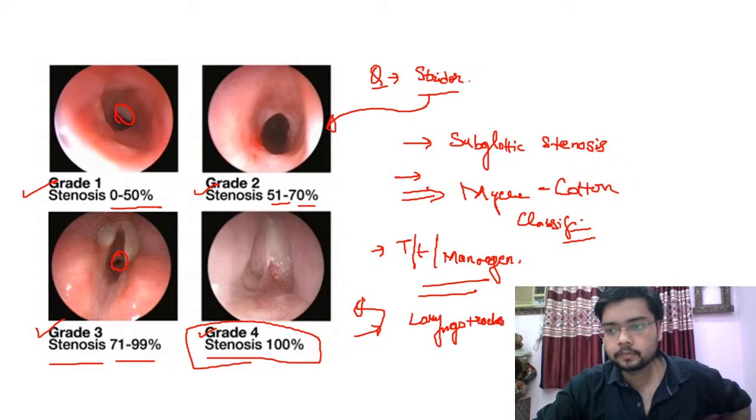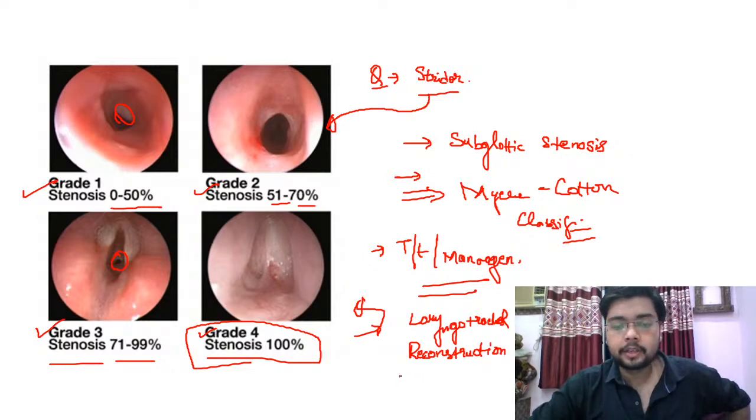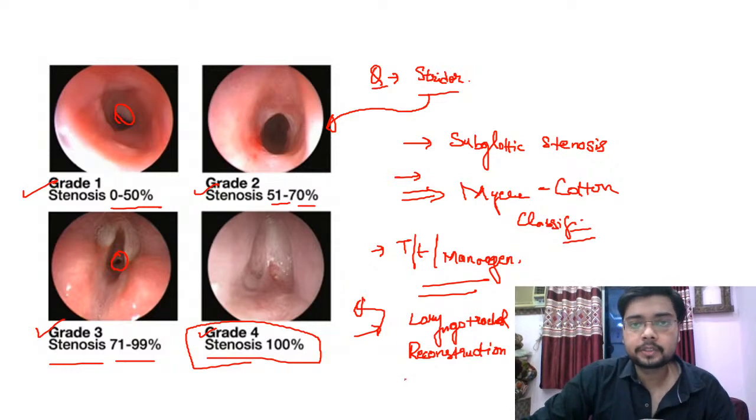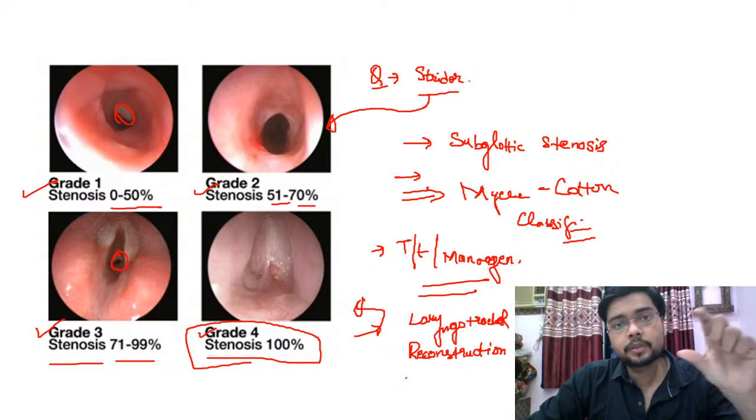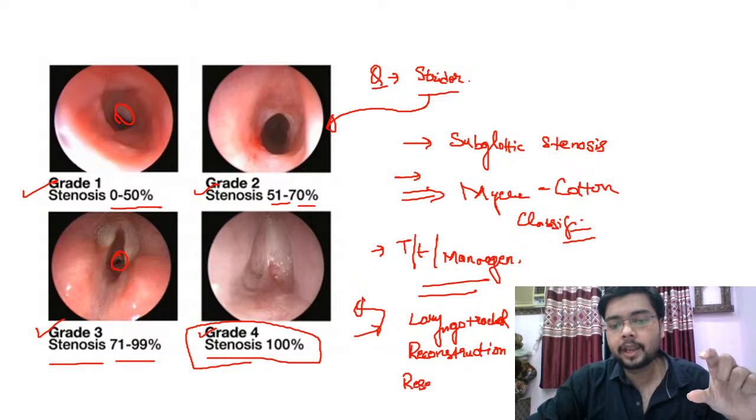laryngotracheal reconstruction, or resection and anastomosis. It means you will resect that stenotic segment and then do the anastomosis.